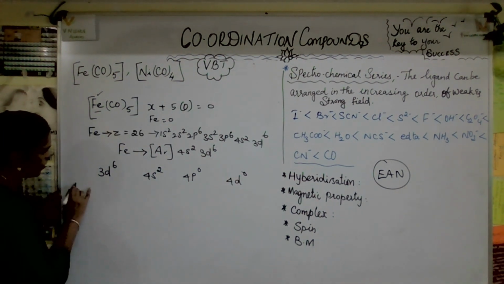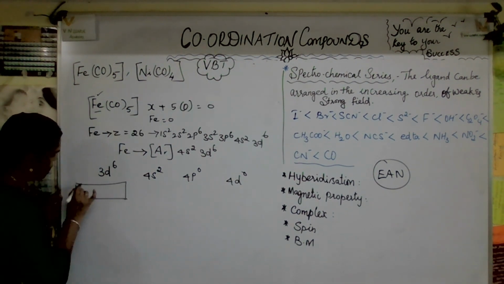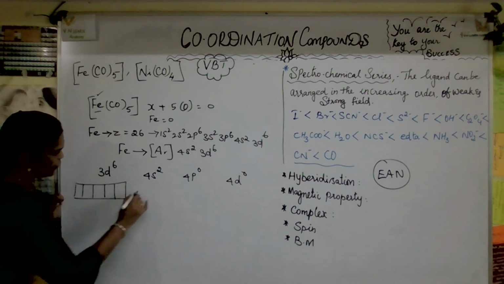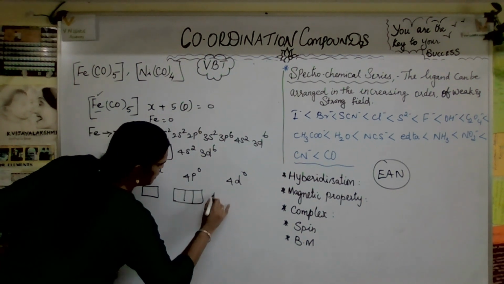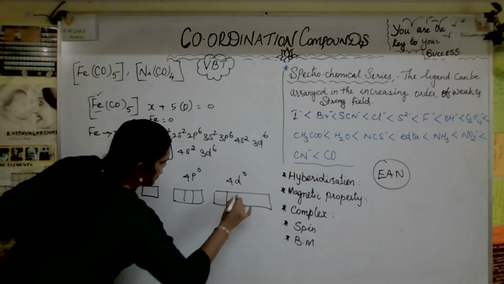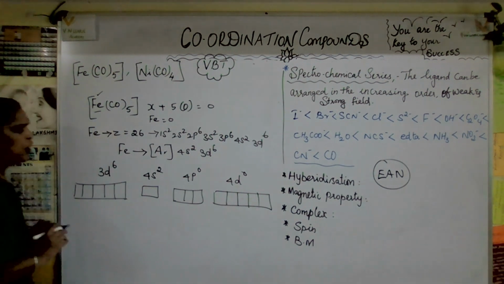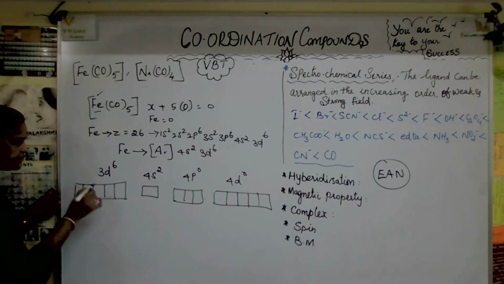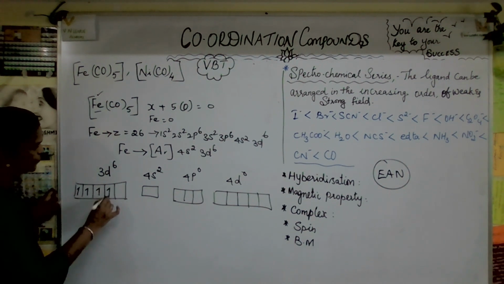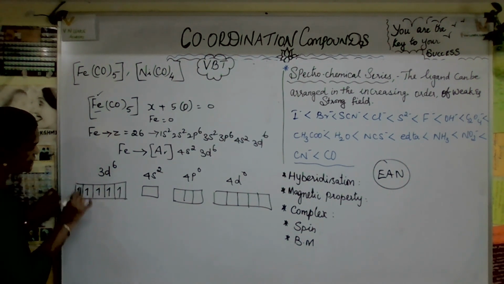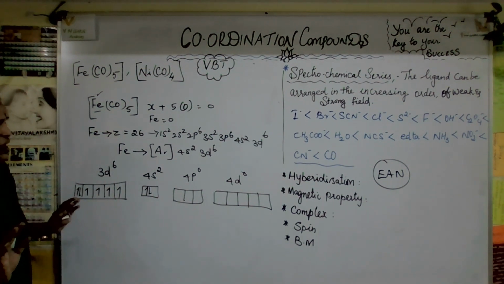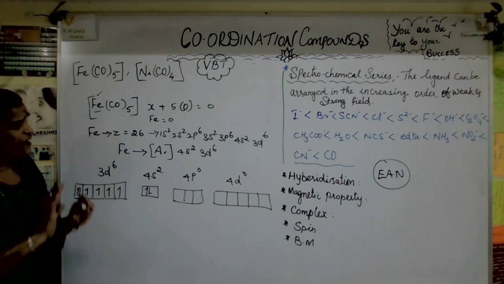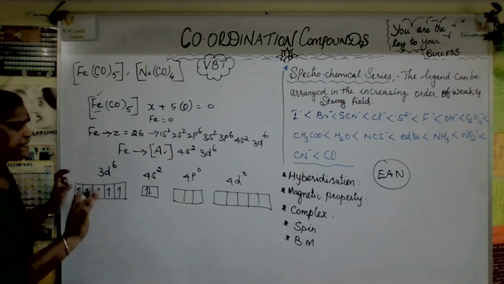In this, how many orbitals? d has 5, and s has 1, p has 3. Here there are 6 electrons in the 3d, and 2 in 4s. There is no losing or gaining of electrons as it is.